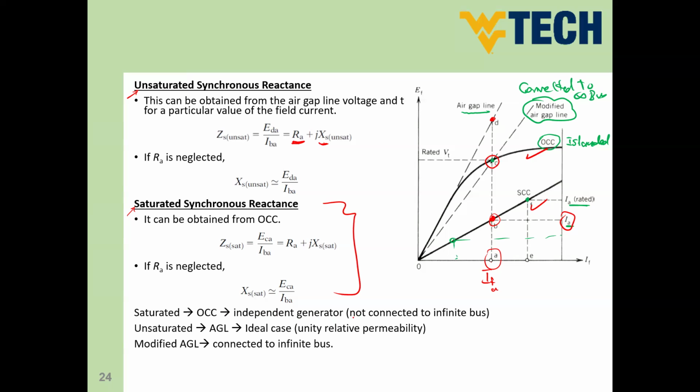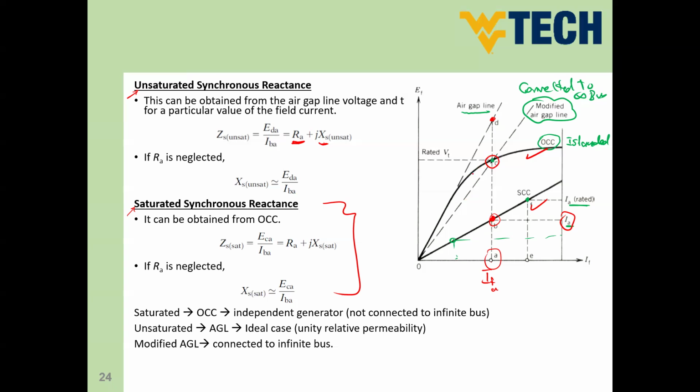So for the parameters identification, the saturated value has to be obtained from the open circuit characteristic as we mentioned. But otherwise, during the normal operation of the generator, you can use the open circuit characteristic only if the generator is not connected to infinite bus, which is independent or islanded generator.